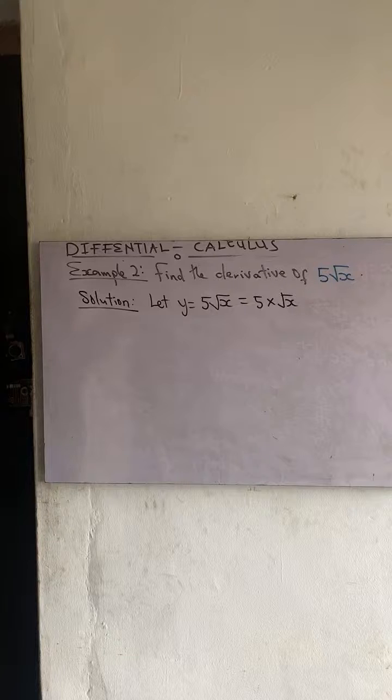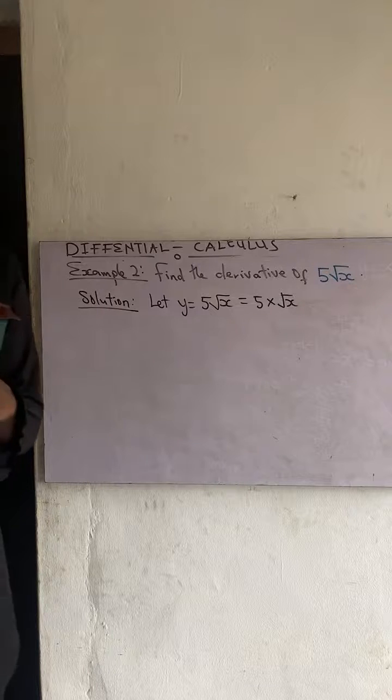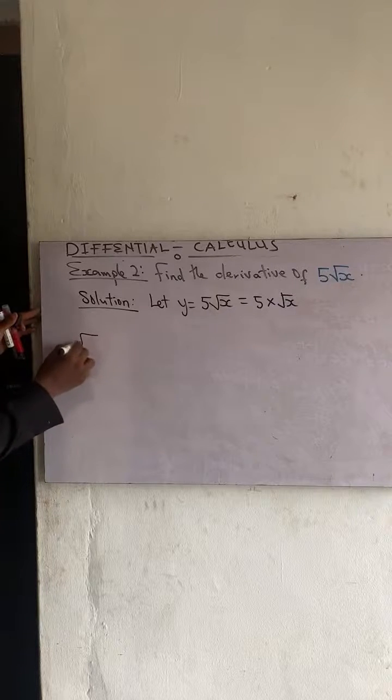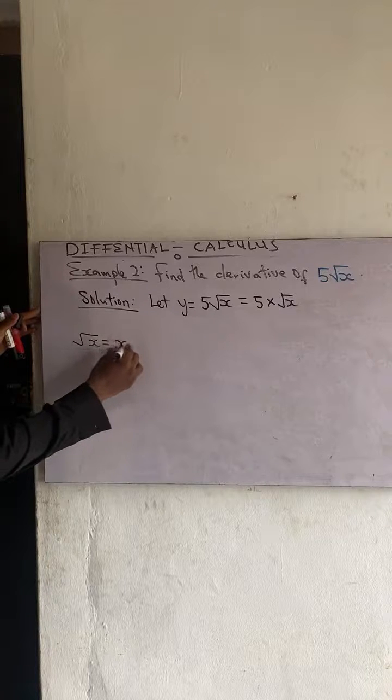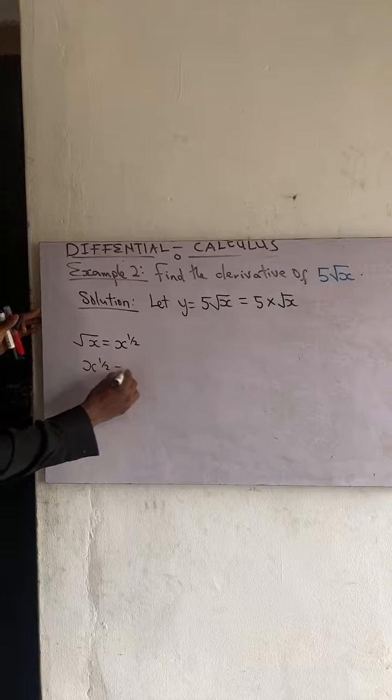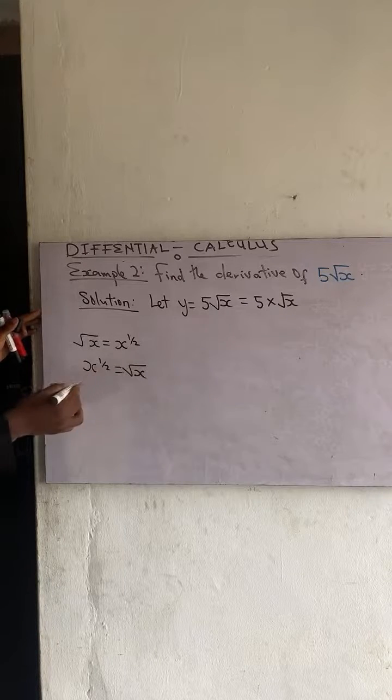Then the first thing you have to note is that, also from the law of indices, root x can be rewritten as x raised to power half. While also x raised to power half can be rewritten as what? Root x. Do you get that?